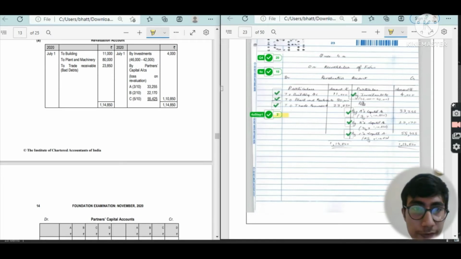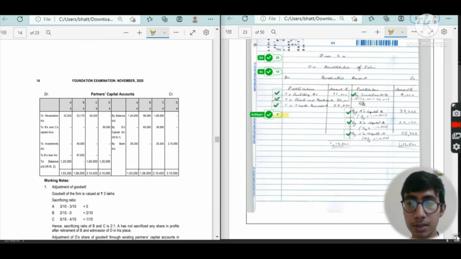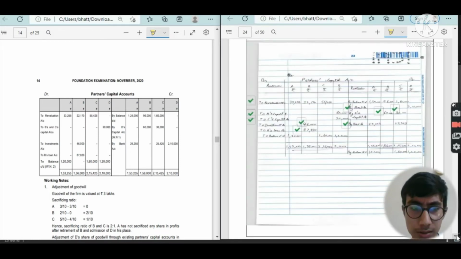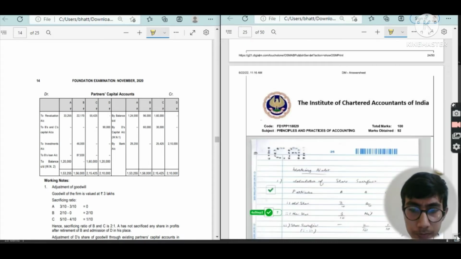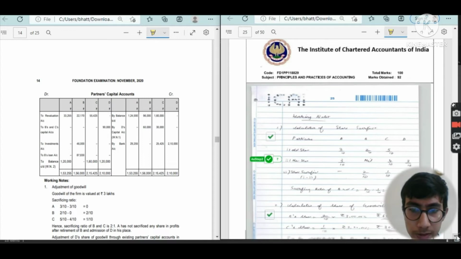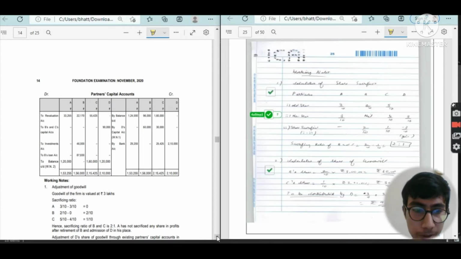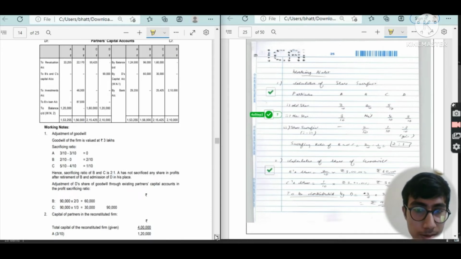You can see my amounts are matching. Then next comes the partners' capital account. Here also all my amounts are matching, so I got the marks for this. Then for workings and the partners' capital account I got these marks.